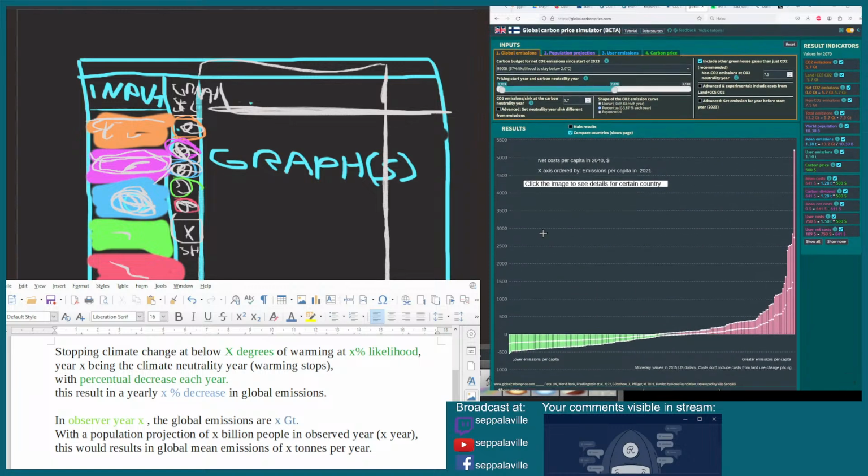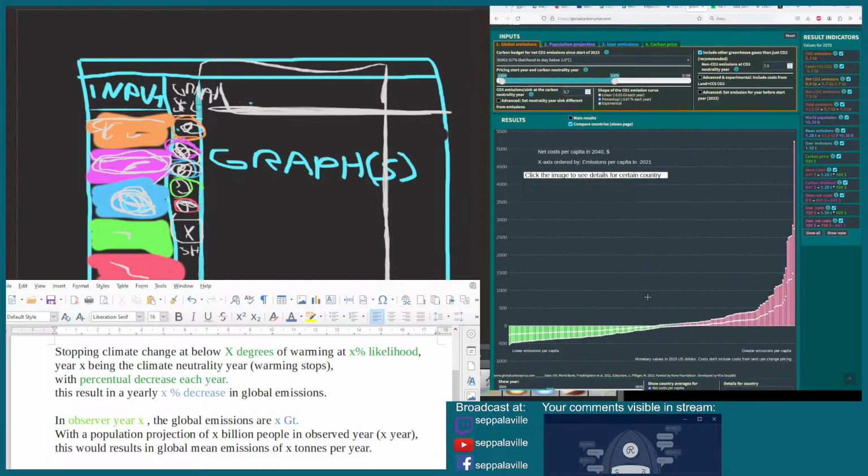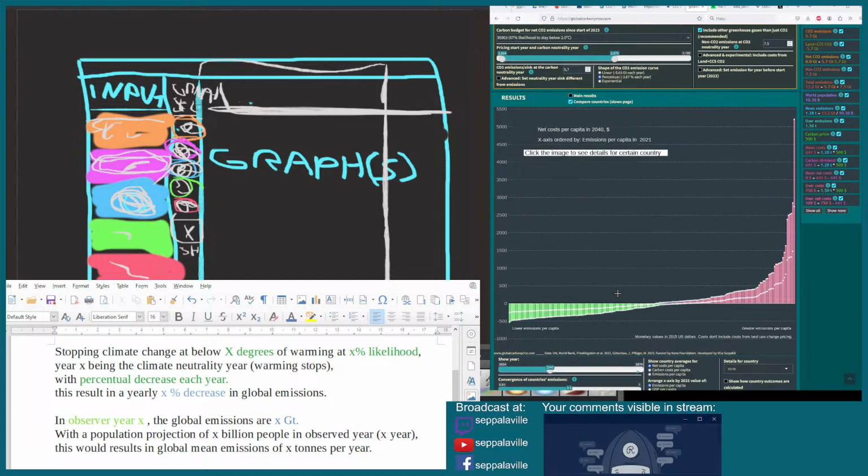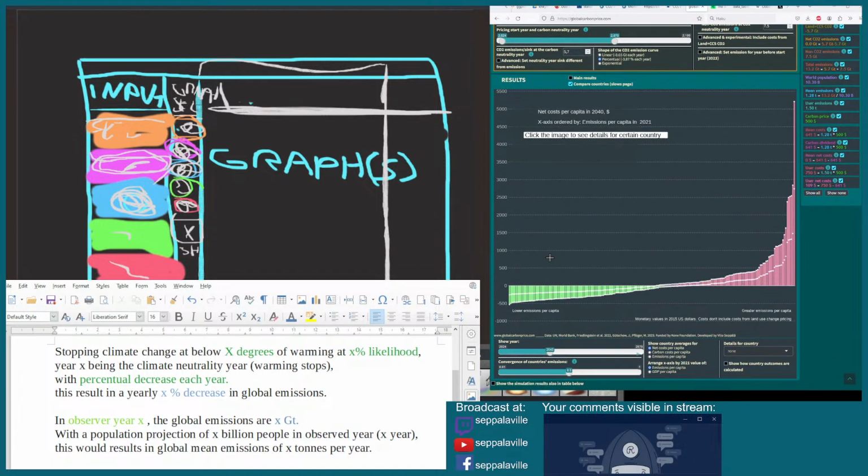So we have to think about these graph results as well. Should I have text results too? Maybe in text results I could add, for a specific country, what the results are, or something about this distribution that could be a text result.